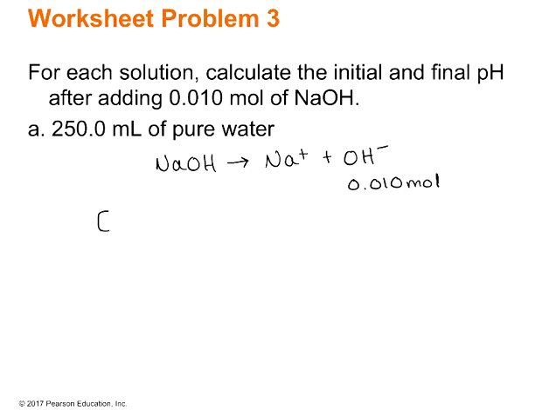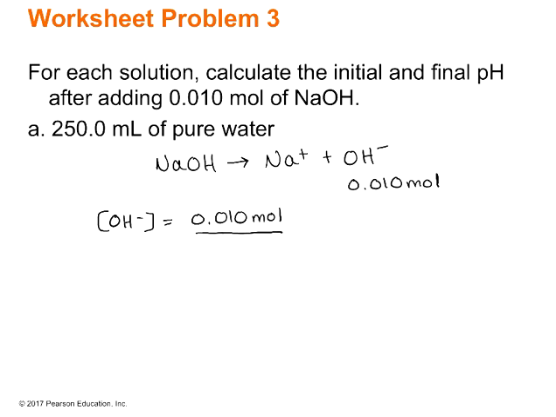Now, for this problem, we don't have an easy 1 liter volume of water. It's different this time, so we're going to have to calculate the concentration of OH. It's going to take a little bit longer. Let's see, so we have 0.01 moles of hydroxide in 250 milliliters of water.